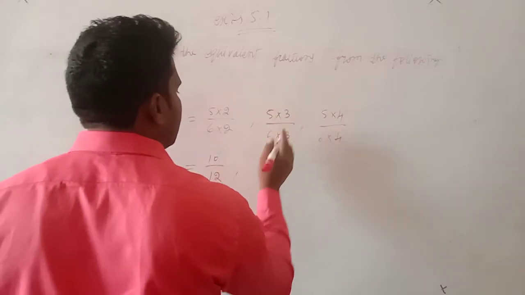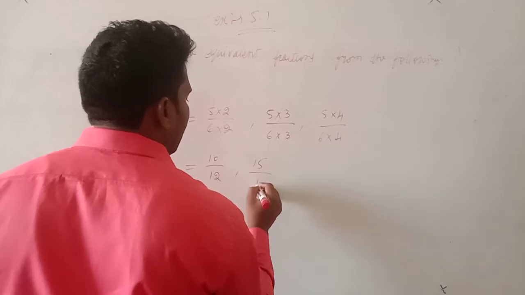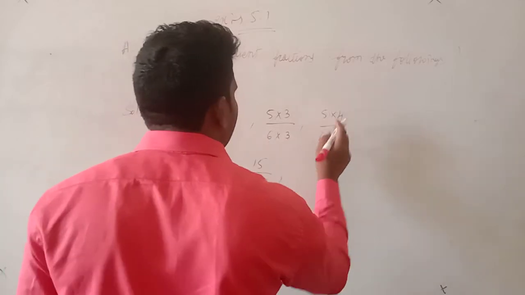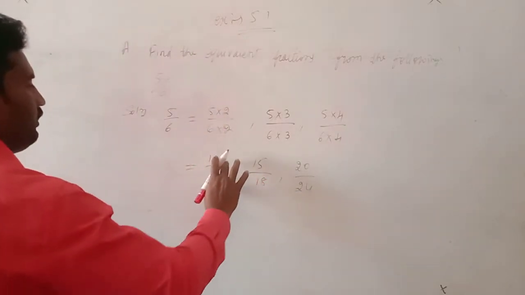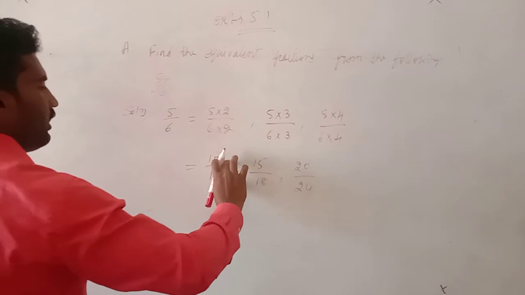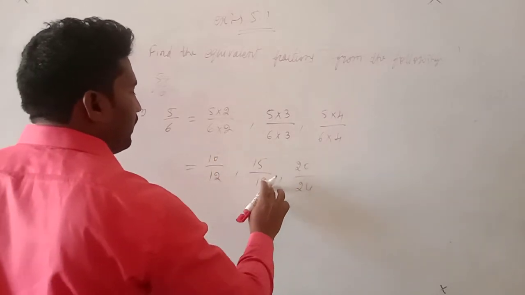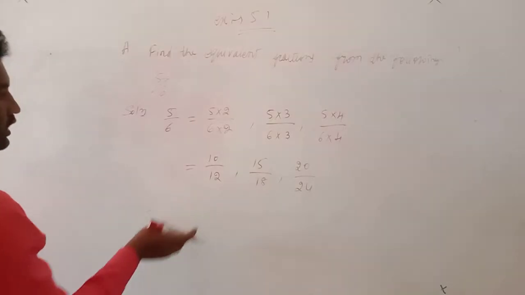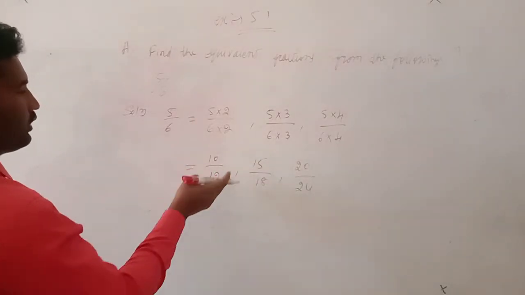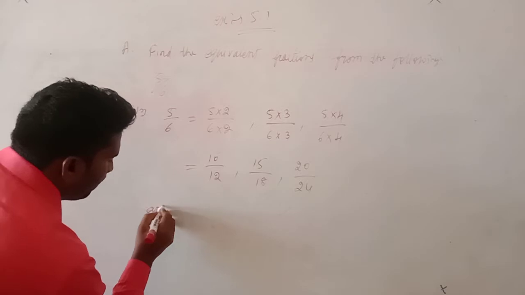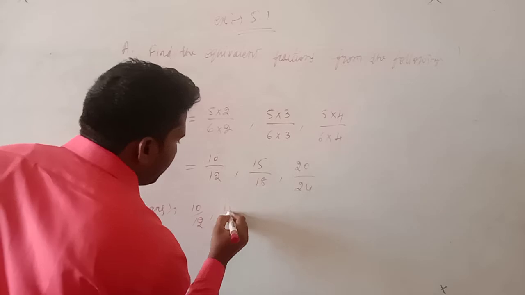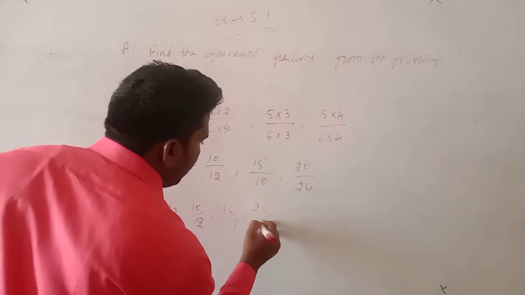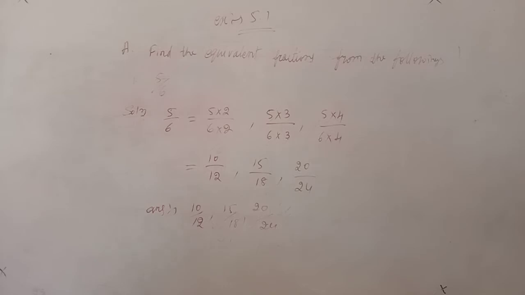Here 5 by 3 is 15, 6 by 3 is 18, 5 by 4 is 20, 6 by 4 is 24. So these are equivalents for 5 by 6: 10 by 12, 15 by 18, 20 by 24. These three are equivalent to 5 by 6.